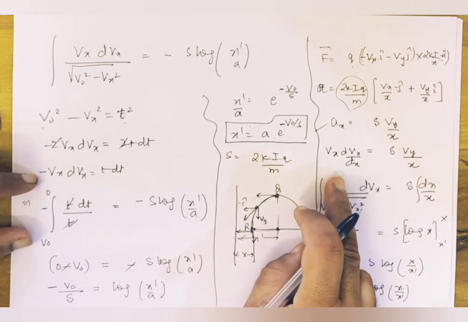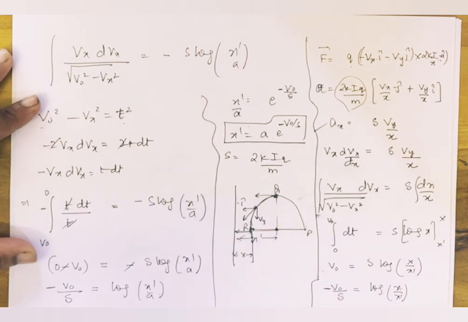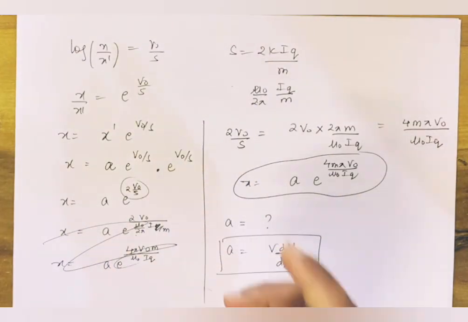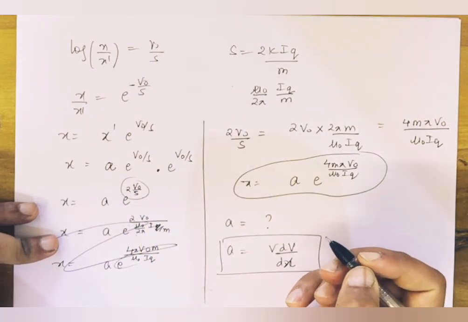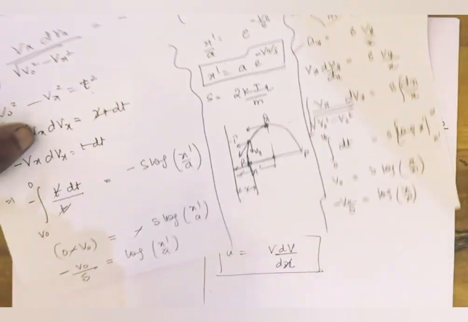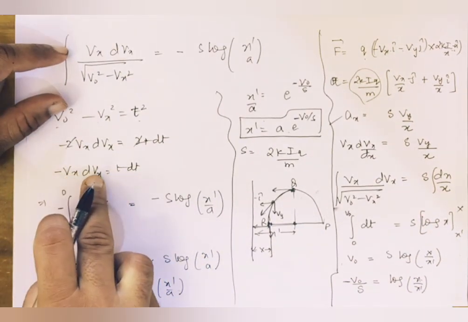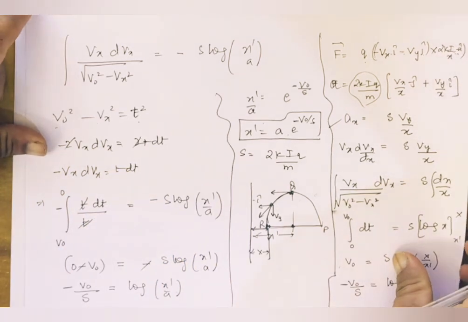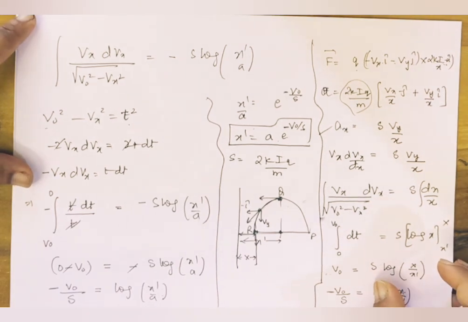Now here also there will be a problem of minus sign, so again I'll get a minus sign. And in the final answer there will be a minus sign that I missed because of this t dt. So vx dx is t dt, so I have to write minus t dt. That's a small mistake. I hope you would have also noticed while I was solving. Rest there's no issue.